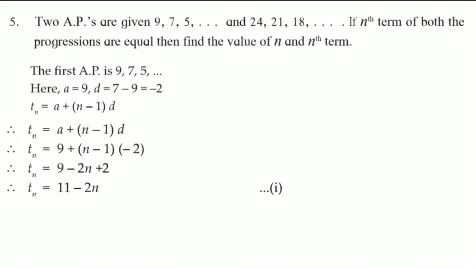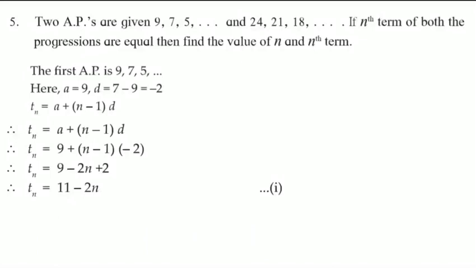Okay. So let us take the progressions one by one. First one we are taking now. The first AP is 9, 7, 5 and so on. So here the first term a is equal to 9. Difference d is equal to second term minus the first term, that is 7 minus 9 equal to minus 2.